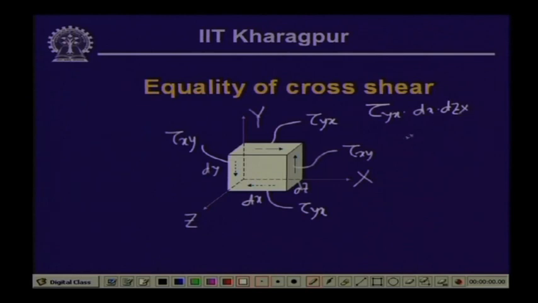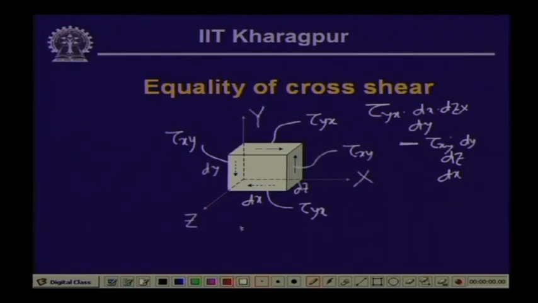So, this multiplied by dy is the moment about z axis of tau yx, which is clockwise in nature, minus tau xy, which is acting on the area dz times dy. So, tau xy multiplied by dy multiplied by dz is the force, and if we take the moment of this force with respect to z axis, then this is multiplied by the distance dx.